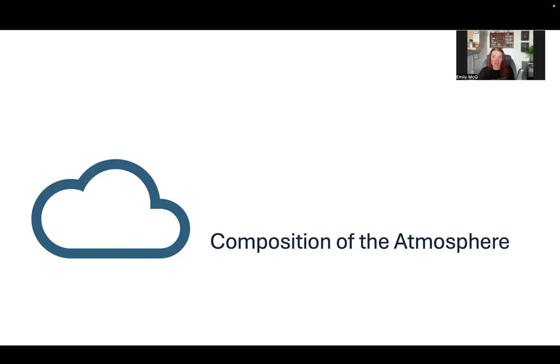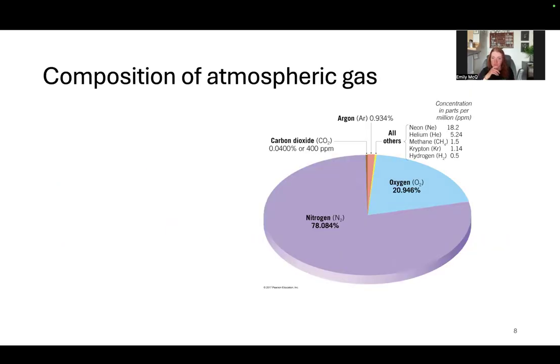So let's talk about the composition of the atmosphere. Fun fact, and often misconstrued fact, is that nitrogen is the predominant compound in the atmosphere. Everyone's like, oh, it's oxygen, or it's water, or it's carbon dioxide.